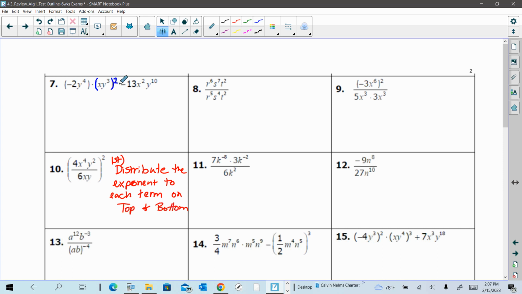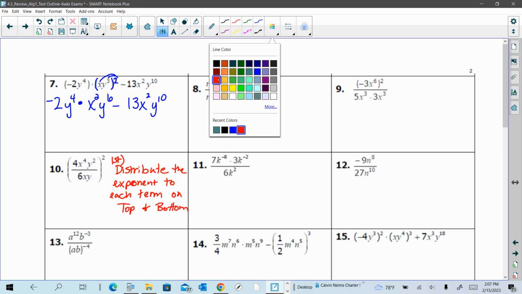So we should do the power rule and distribute this exponent of 2 to each term. And when I do that, I keep the first one here, a negative 2y to the 4th, multiply that now to x squared y to the 6th power, because I do the 2 times 3, minus 13x squared y to the 10th.